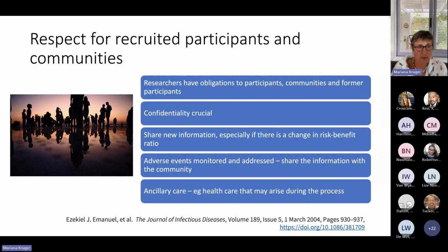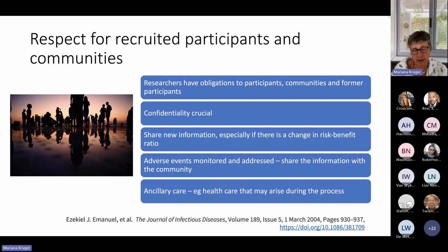So coming back again, part of respect for persons is also respect for the communities. As researchers, we have obligations to participants, communities, and former participants, where we especially look at confidentiality issues and where privacy should be respected at all times.